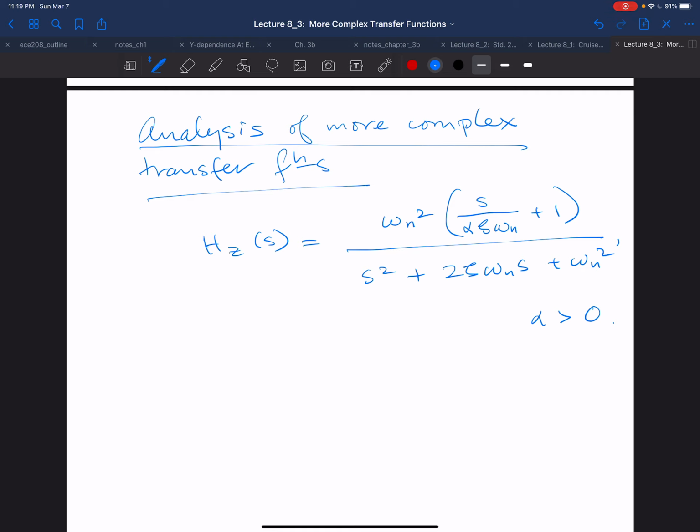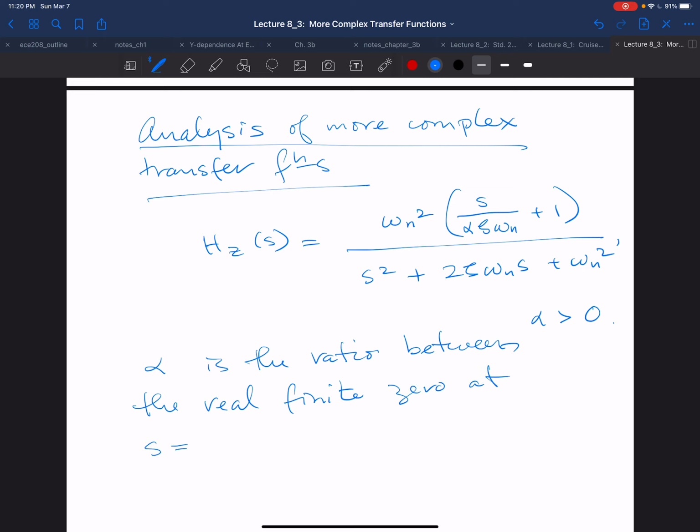So this alpha is the ratio between the location of the finite zero, namely at minus alpha zeta omega n, so that's a real valued finite zero, and on the other hand, the real part of the poles at minus zeta omega n.